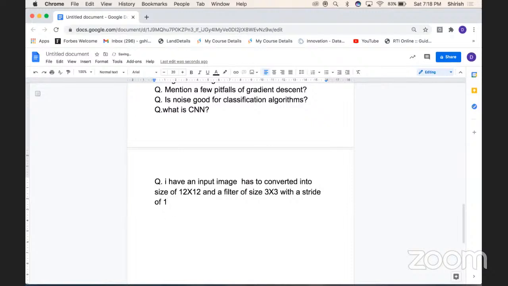Now, what is the size of the convoluted image or matrix, whatever?